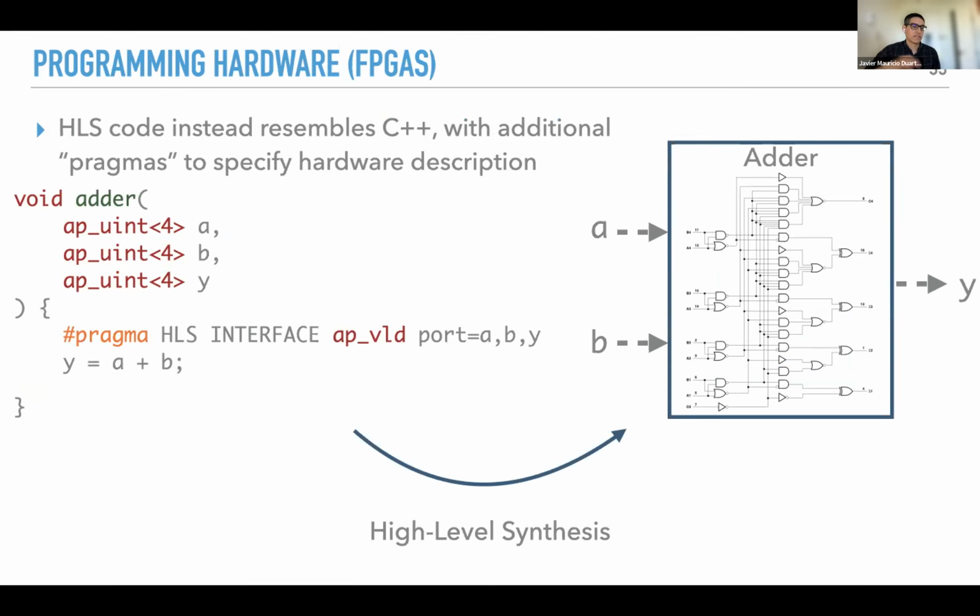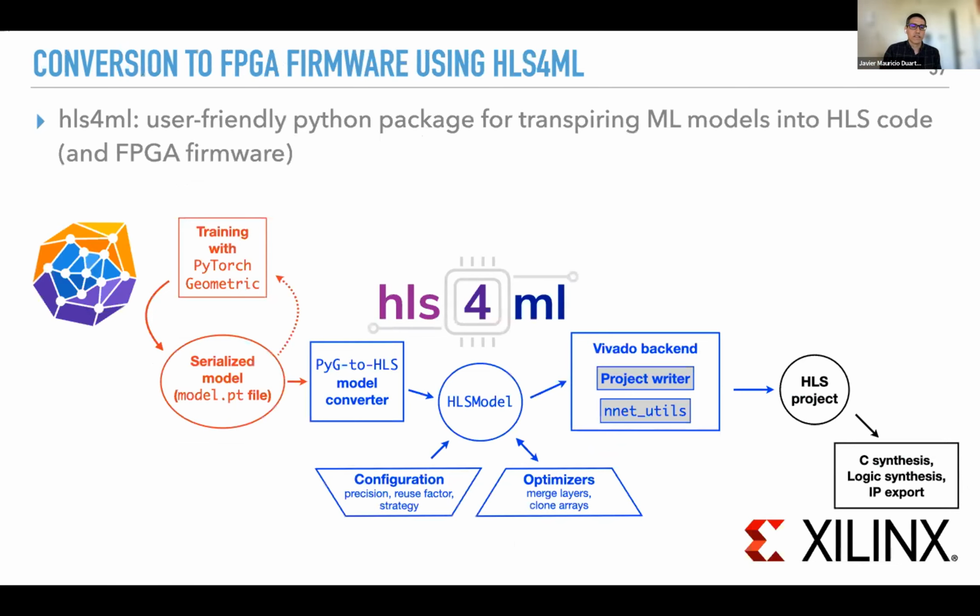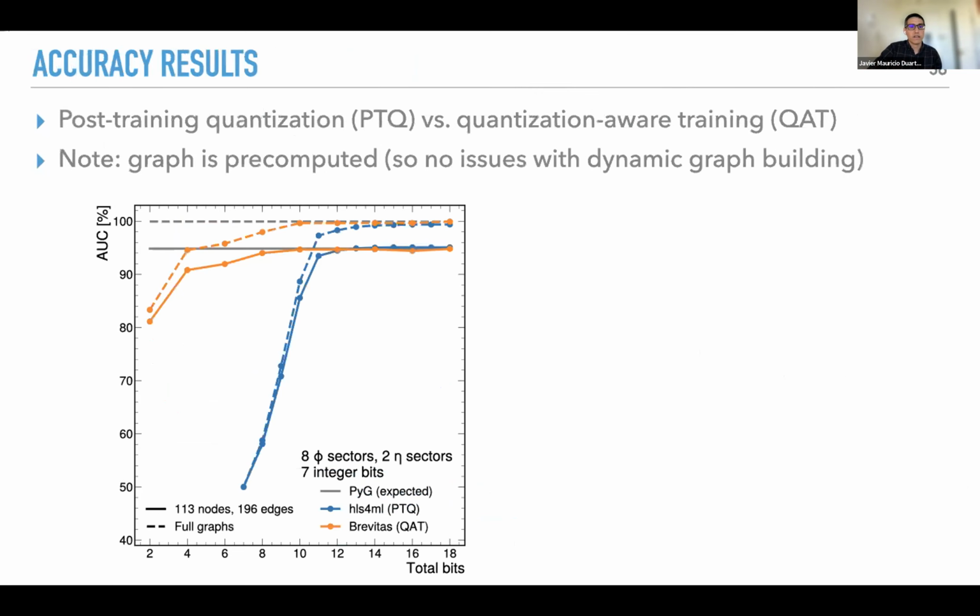Moreover, we can abstract this away even more, one level up: prepare a bunch of C++ kernels for different kinds of layers, and then have the user just specify an AI model, a specific kind of neural network model, which can then be replaced with the C++ kernels that can be run on an FPGA. What this looks like is this package, HLS for ML, a user-friendly Python package for transpiling ML models into HLS code and FPGA firmware.